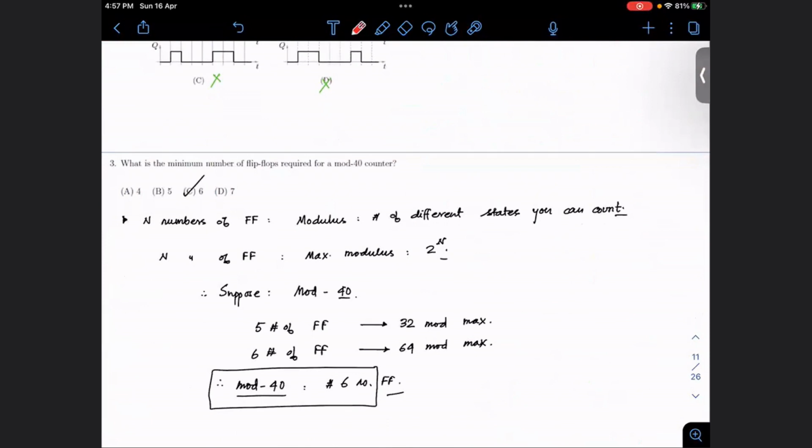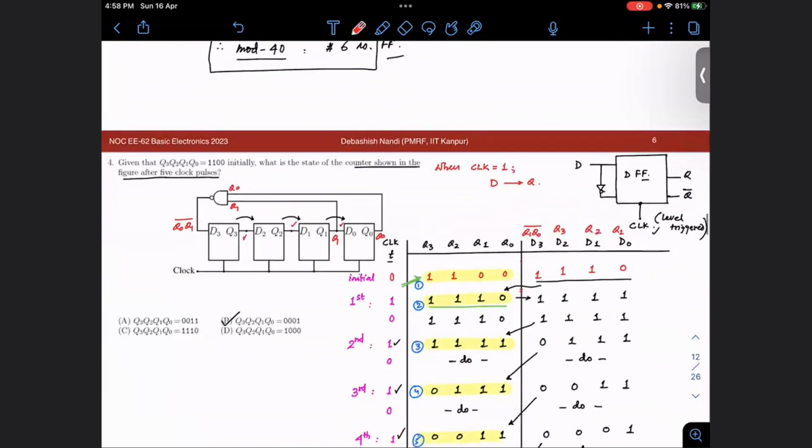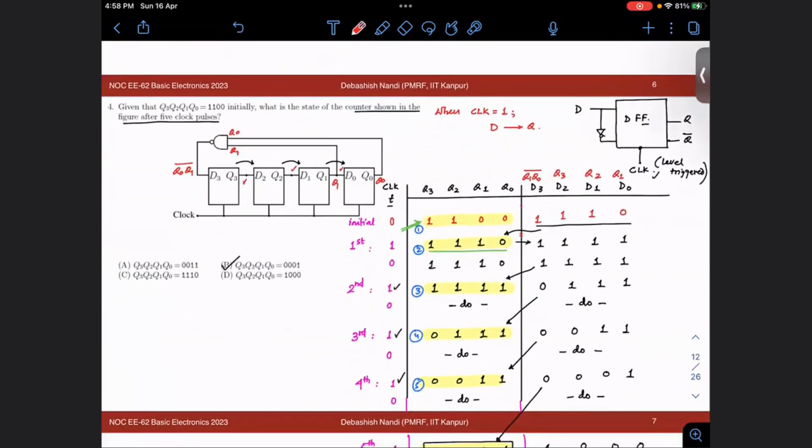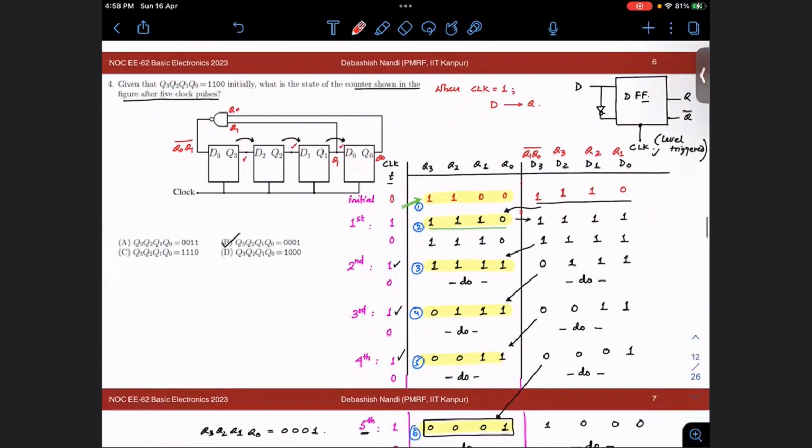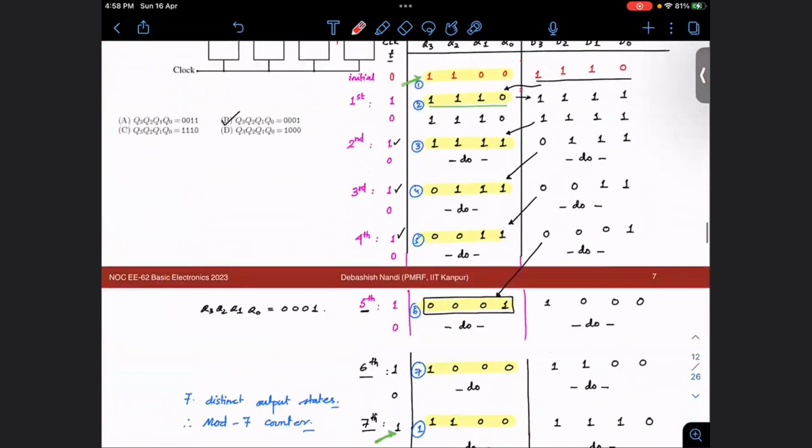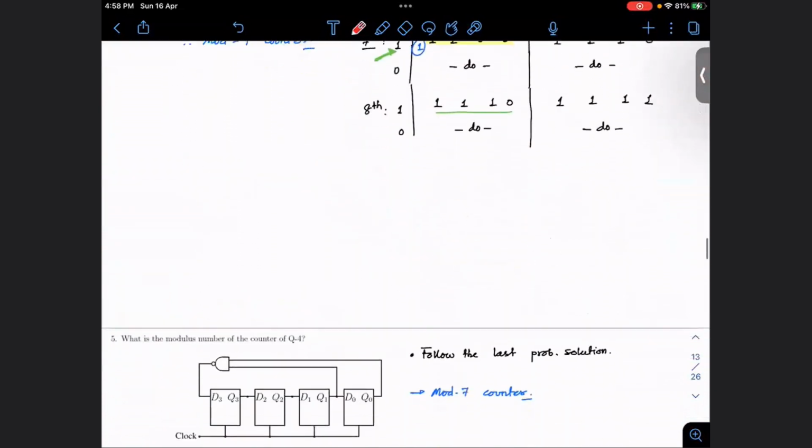Modulus means the number of independent states, the different states of output you can count. In that way, you can find out the modulo of your counter. Then we discussed briefly D flip-flops and solved the problem of how it is counting, and also calculated the modulus of this counter.